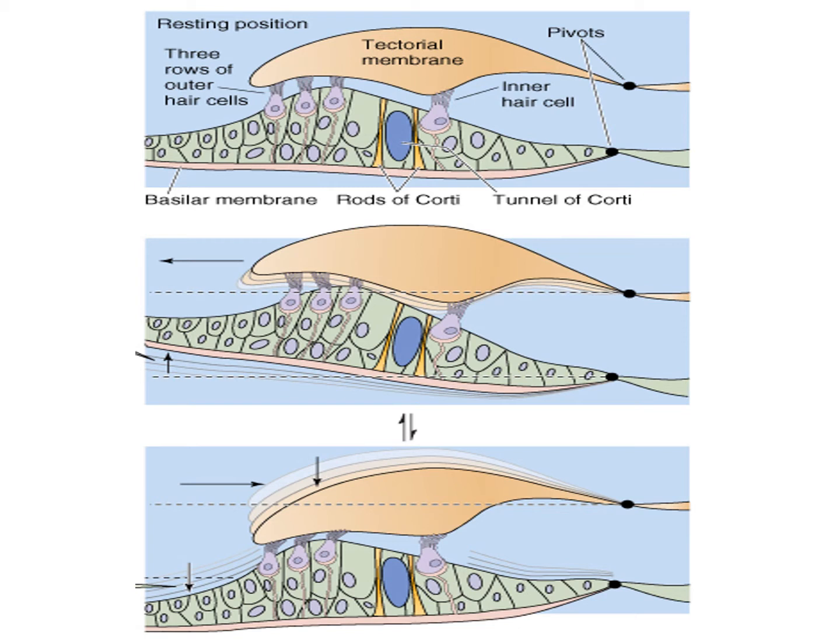Now as the basilar membrane moves up, set up by the movement of fluid in the perilymph, you can see that due to the pivot-like attachment, the tectorial membrane moves to the front, causing the stereocilia to bend in one direction. Then as the basilar membrane moves down, the tectorial membrane moves back and causes another bending of the hair cells, and this goes on till the basilar membrane stops moving.